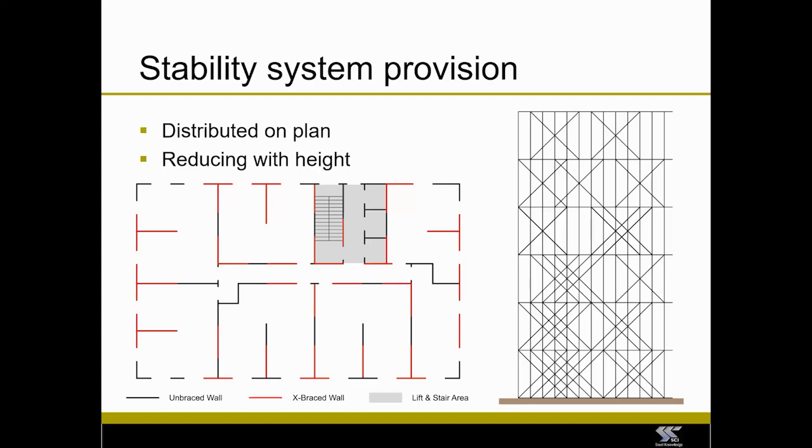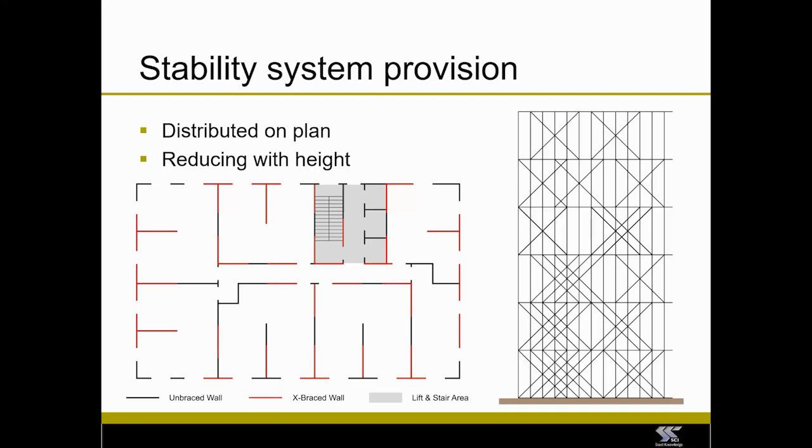And then the gaps are obviously where we've got doors and windows and that sort of thing. There's also a grey area there, which is the lift and stair area, so that may or may not be of a different form of construction. Perfectly acceptable for that to still be light steel framing with X bracing where it can fit in.